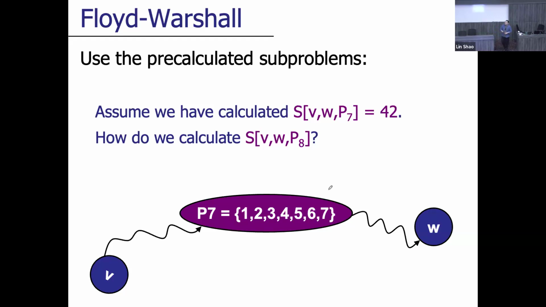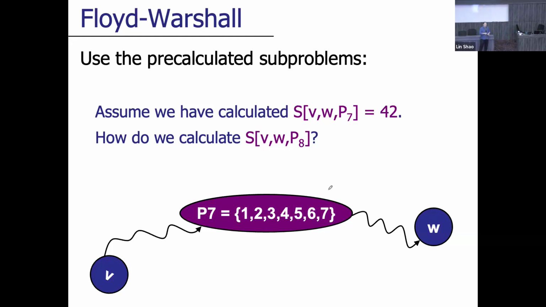So now let's take a look at how we are going to use the pre-calculated subproblems, or assume that we have already calculated SVWP7, right? So the set of P7 includes the nodes 1 to 7. Right now, let's ignore what the exact nodes are.